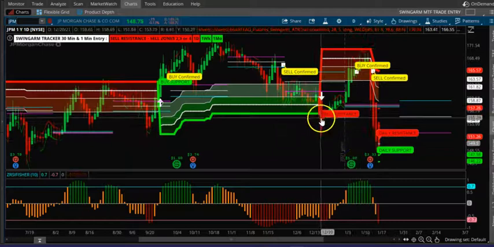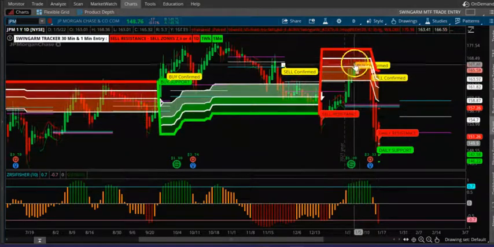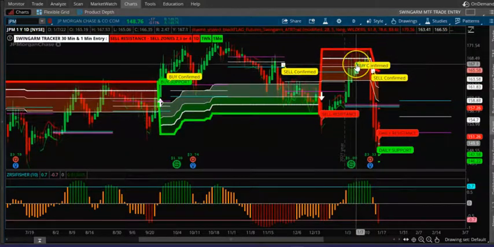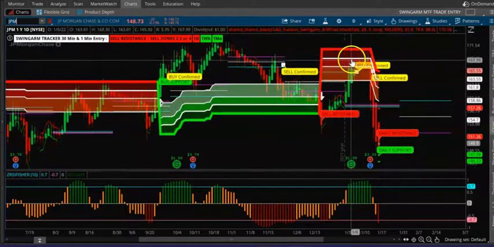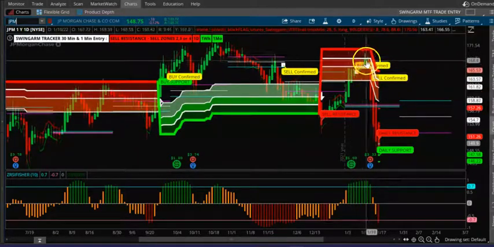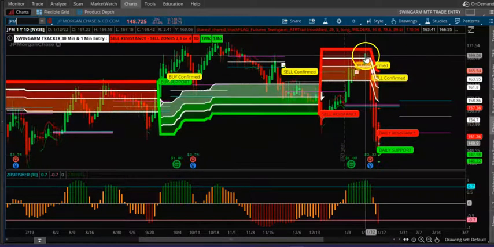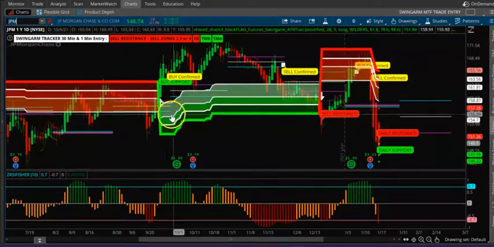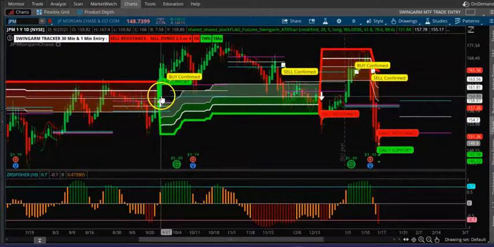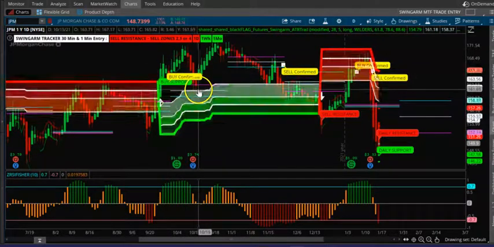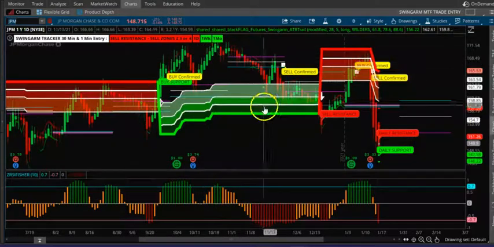What you want to do is wait till it goes into the bucket and then start buying within these 2 lines, not before that. That way you can see that it's confirmed. If it doesn't go here, just wait. Here it also gave a buy signal, it came back here, came back again, then you start buying it.